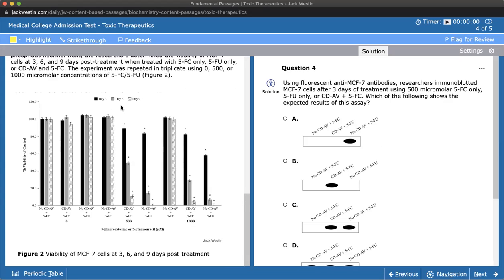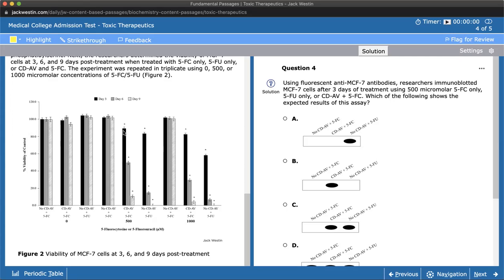Yeah, exactly. And so we're looking at what time point? 3 days. So which color is 3 days? Dark black. Yep, dark black. So at 3 days for no CD-AV plus 5-FC, so 5-FC only, we have almost 100% viability. So that's a lot, right? We expect the full band to show up. For this CD-AV plus 5-FC condition, we have 80%, almost like 90% viability.